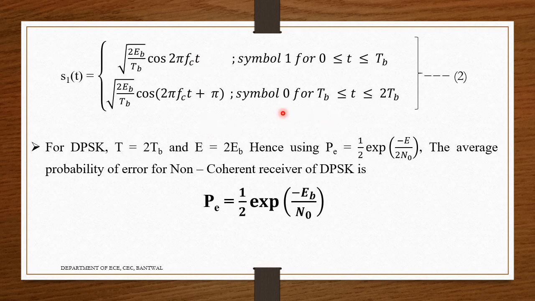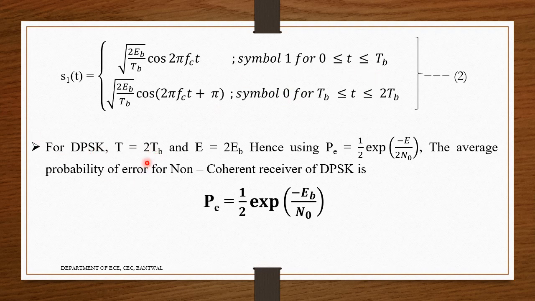So as per our DPSK rules, plus pi has been added over the 2-bit interval, 0 to Tb and Tb to 2Tb. So this is a 2-bit interval, 0 to 2Tb. We are sending 2-bit symbol 1 and symbol 0, but earlier we sent symbol 1 and symbol 1. So this is how we can tell that a pi has been added to the carrier signal. So that is, symbol 0 has been sent.